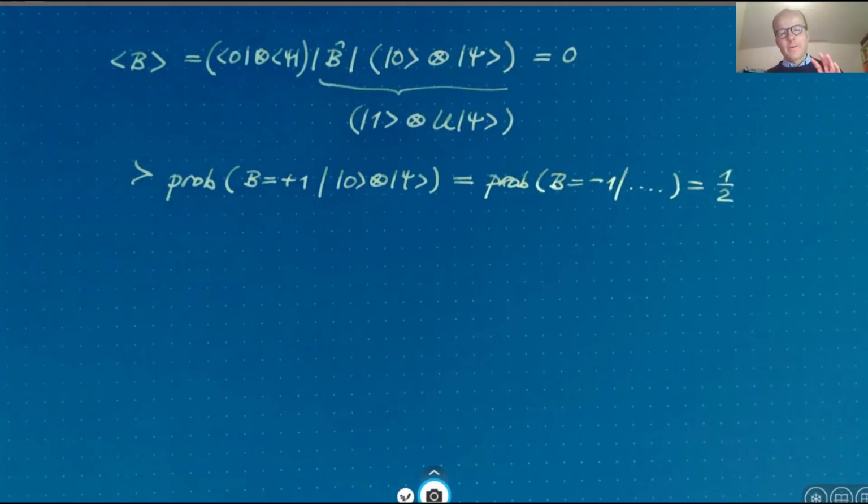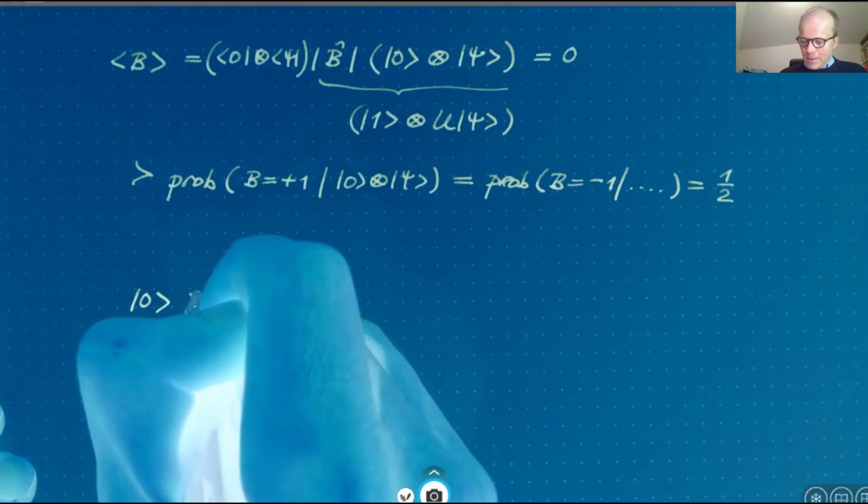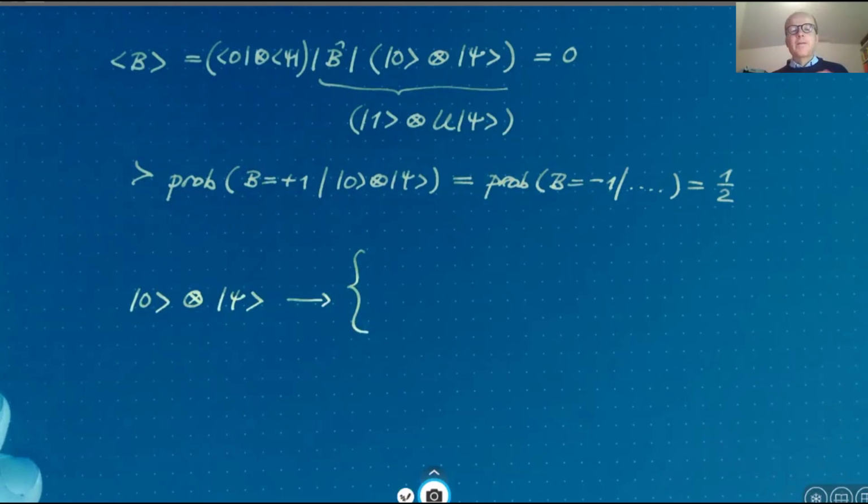Okay, so we've learned quite a bit about this peculiar observable B. We know it has measurement values +1 or -1, and they occur in this state, 0 tensor psi, with equal probability 1/2. After the measurement, the state changes, depending on which of the two values we measured.